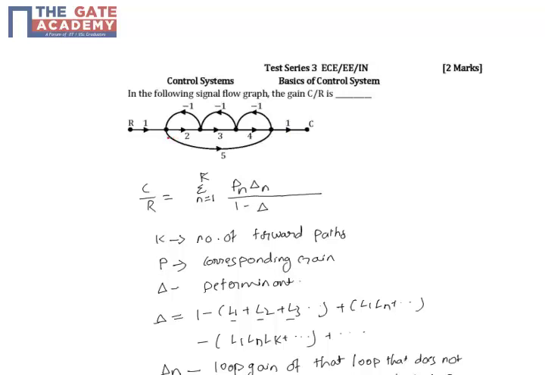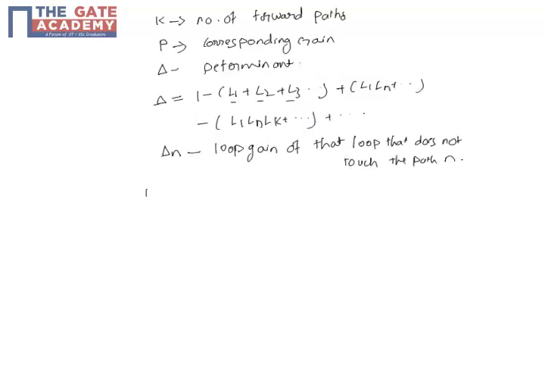In addition to that, we have 1, 2, 3 and 4 loops. So k equal to 2, which is the number of forward paths.